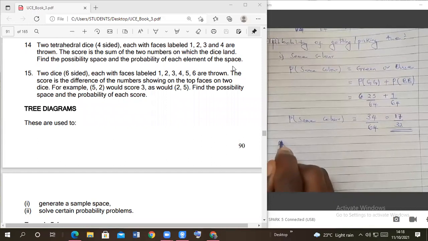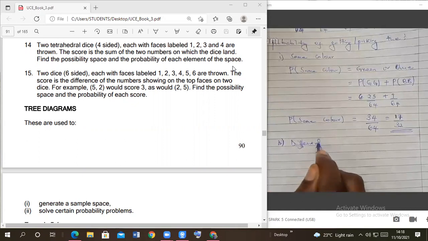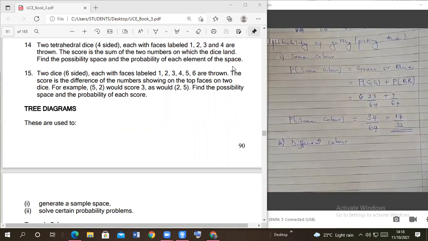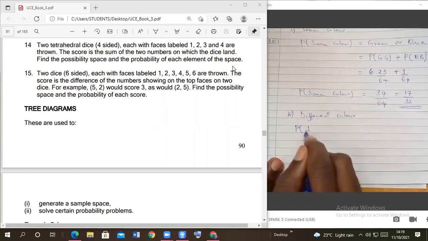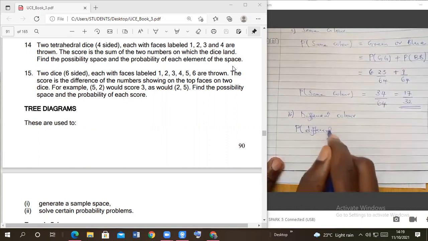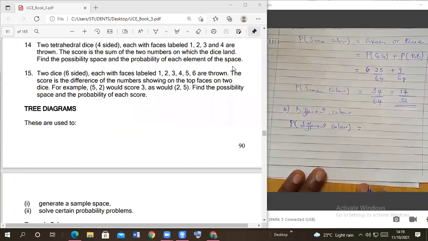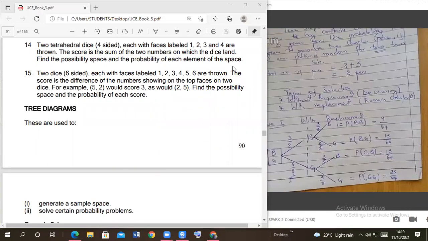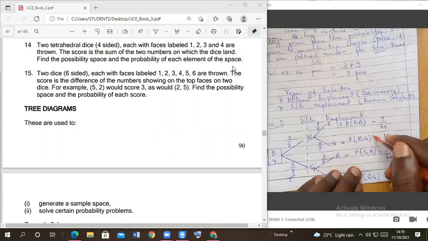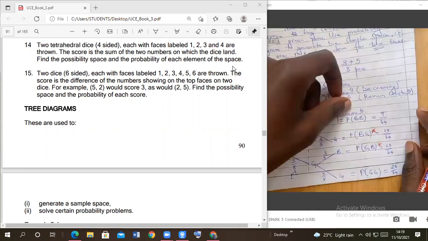Then Roman 2, we can set: different color. What is the probability of getting different color? Different color means you can get blue and green, not so members, or you get green and blue, not the same color but different color.